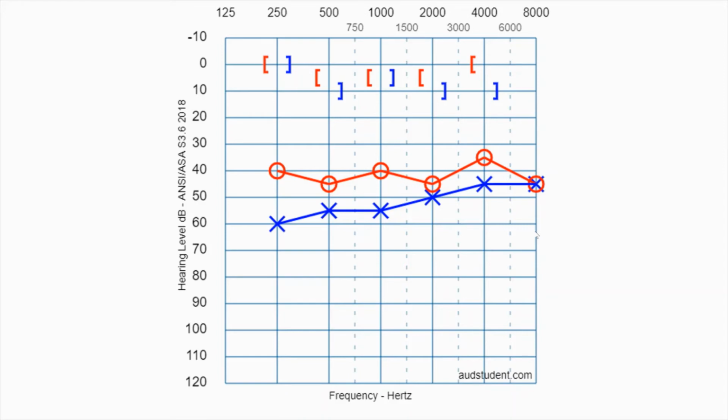So we need to ask a follow-up question, which is, are bone conduction thresholds within normal limits? Looking at the audiogram, yep, that's pretty normal. So since there is a significant air bone gap and bone conduction thresholds are within normal limits, it's a conductive hearing loss, which tells us our type.